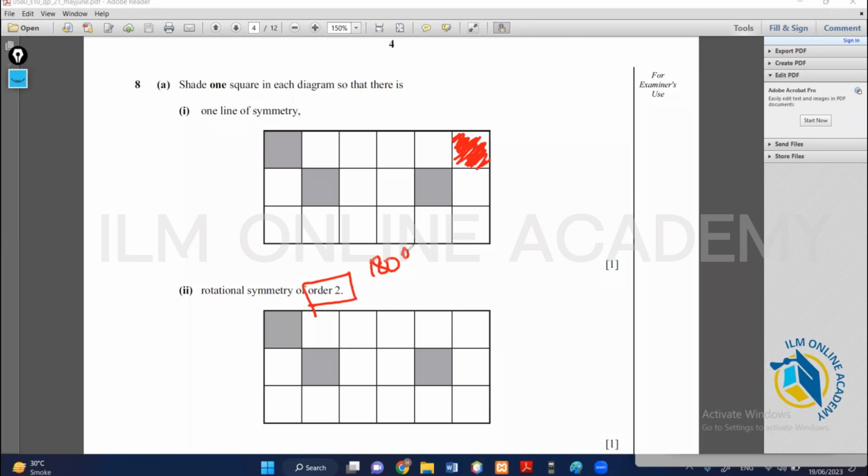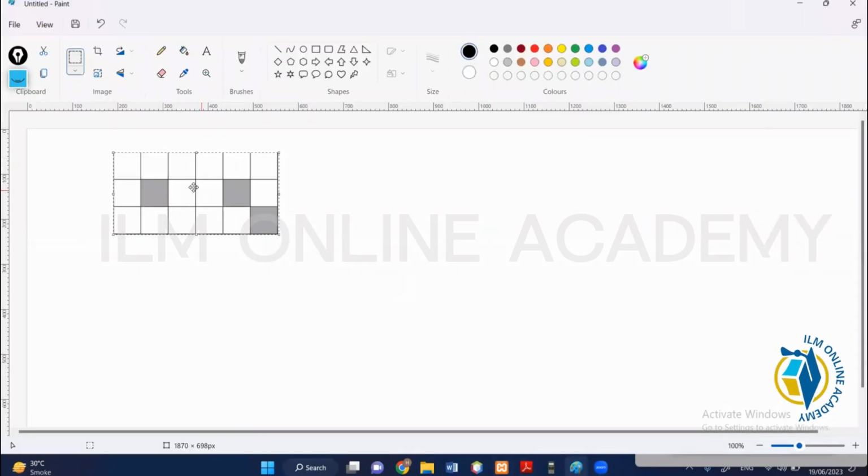Here I can't do this in the PDF, but I have copied this picture in my Paint, and now I will show you how we'll do it. So here I have the Paint, and I have this thing.